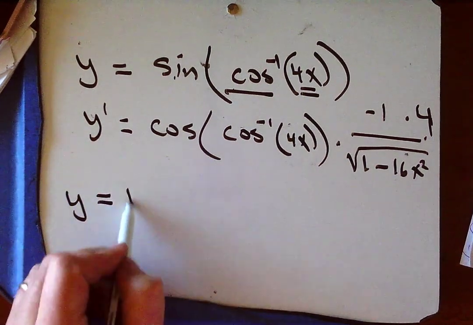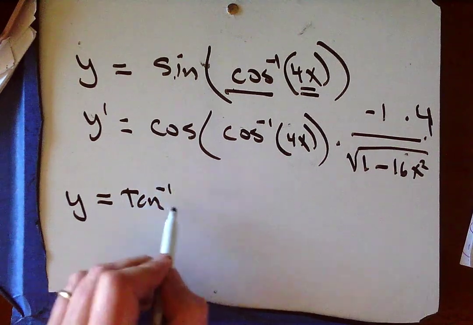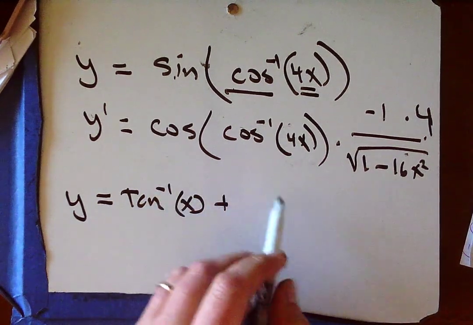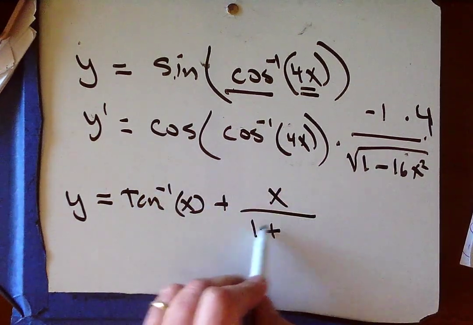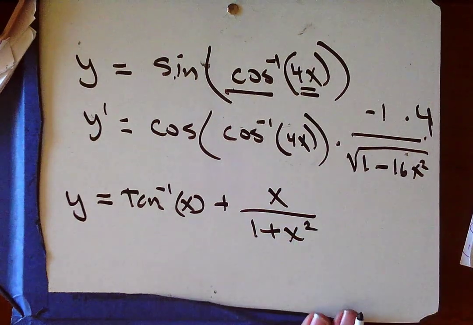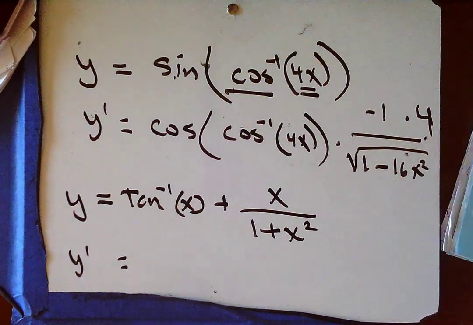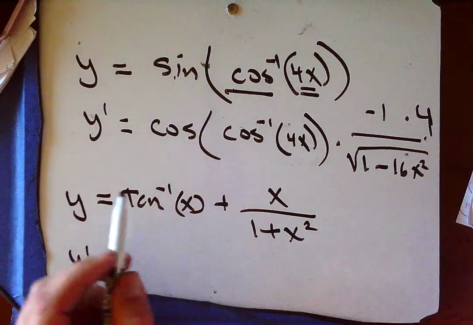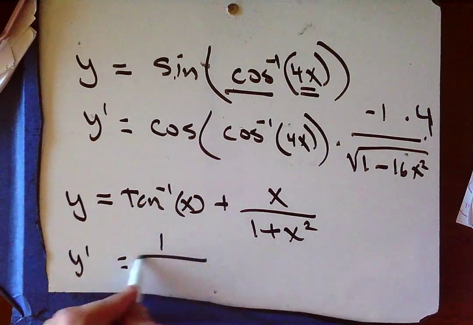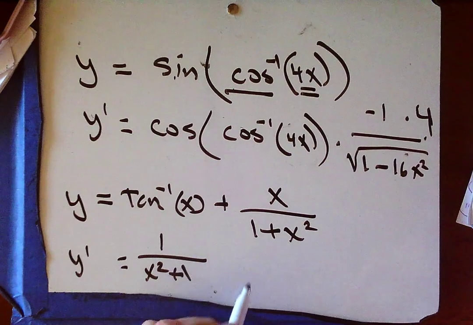Y equals tangent inverse x plus x over 1 plus x squared. Please find y prime. All right, welcome back. The derivative of inverse tangent is 1 over x squared plus 1.